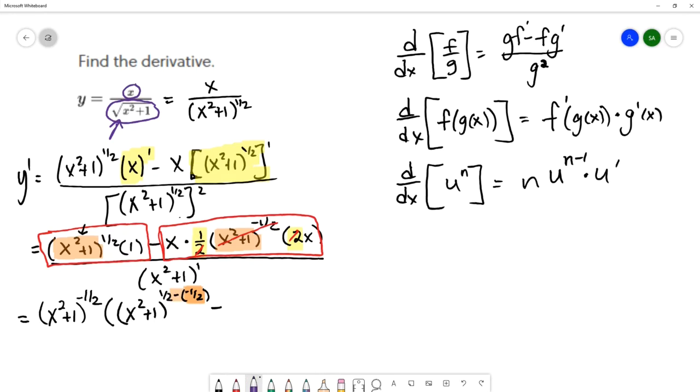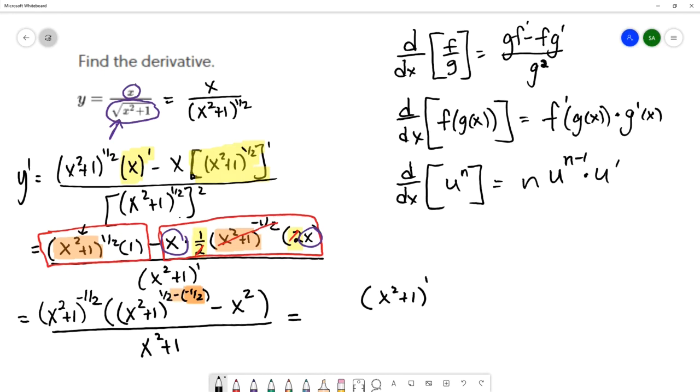So I'm going to be left with this x and this x multiplied together. That's an x squared. And that's all over our denominator of x squared plus 1. Inside the parentheses, 1/2 minus negative 1/2 is 1. It's x squared plus 1 to the first power minus x squared.